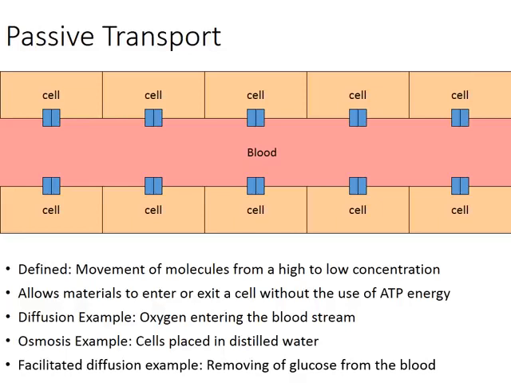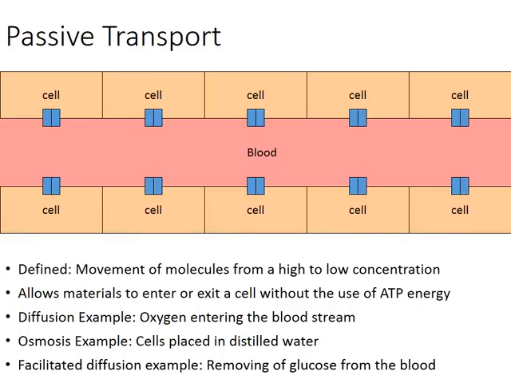And the last example of passive transport that I want to mention is something called facilitated diffusion. And this is a great example of how glucose is removed from our blood. First of all, the word facilitate means simply to help. Glucose is a fairly large molecule and it needs help getting past the cell membrane into the cells.